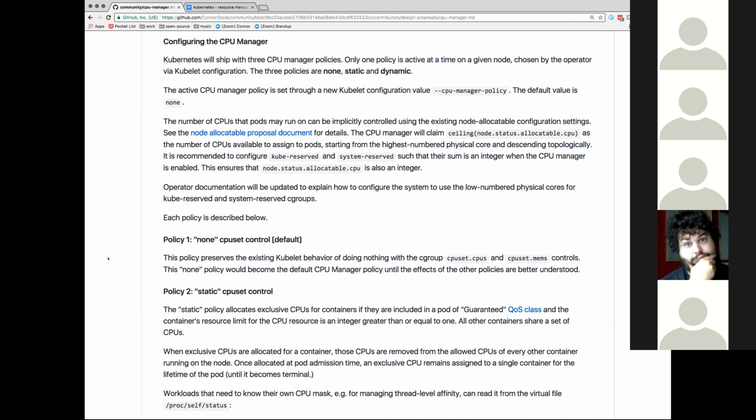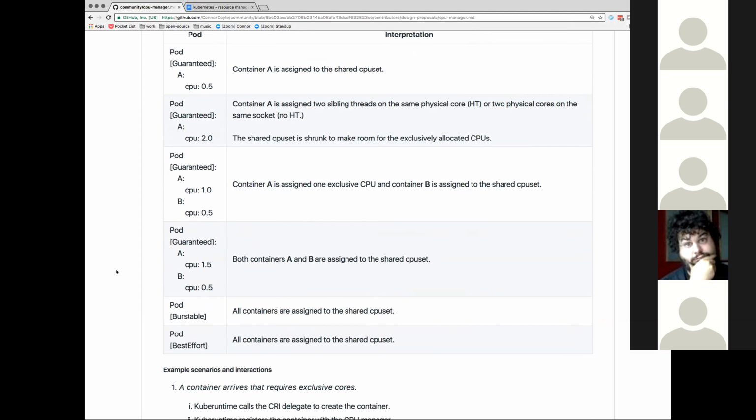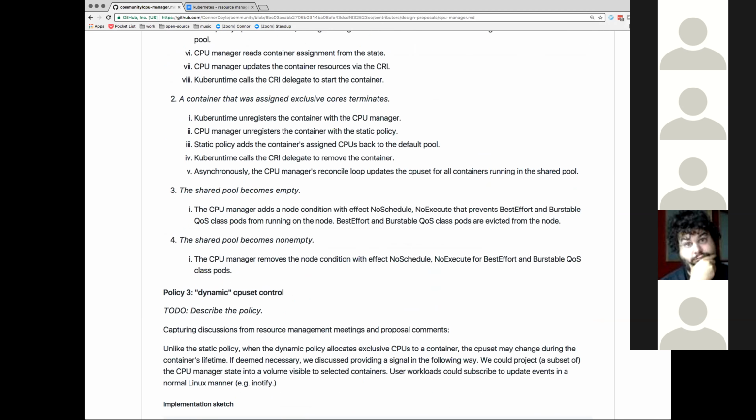Okay, I can scroll down to that section in the doc, and then Seth, do you want to take that? Yes, I'm working on it already. I need to write this part of the proposal, but the design right now is to allow exhaustion of the shared pool, and when that happens, to evict all burstable and best effort pods that don't have CPU requests, basically the ones that, as far as the scheduler is concerned, occupy 0 CPU and therefore can land on any node, even if there's no free CPU.